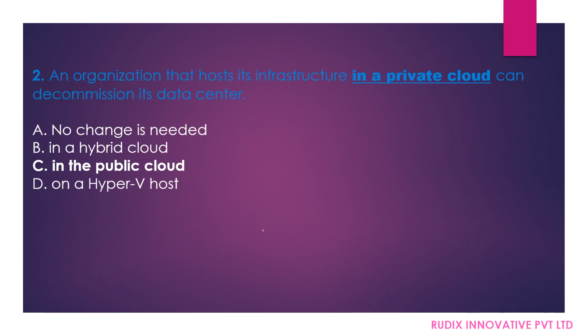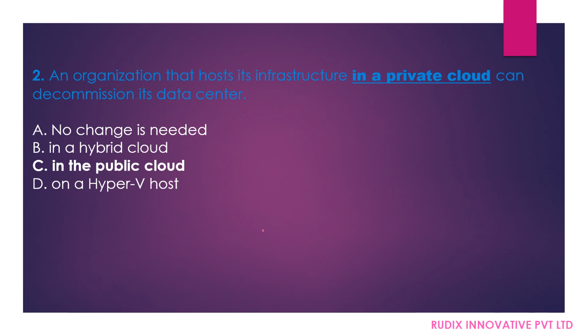An organization that hosts its infrastructure in a private cloud can decommission its data center. Options are: no change is needed, in a hybrid cloud, in the public cloud, on a Hyper-V host. Hosting infrastructure in a private cloud means that the organization maintains its dedicated cloud environment, typically within its own data center.